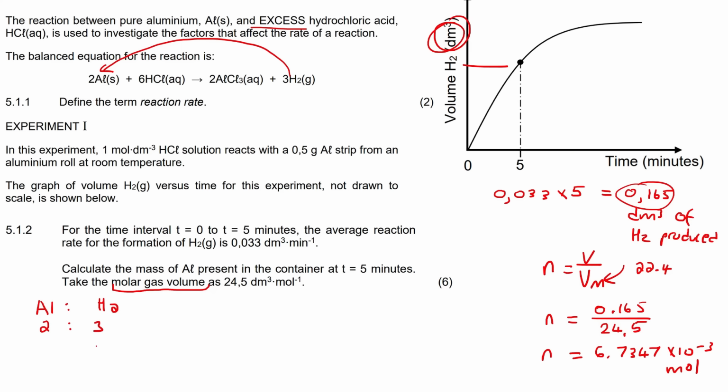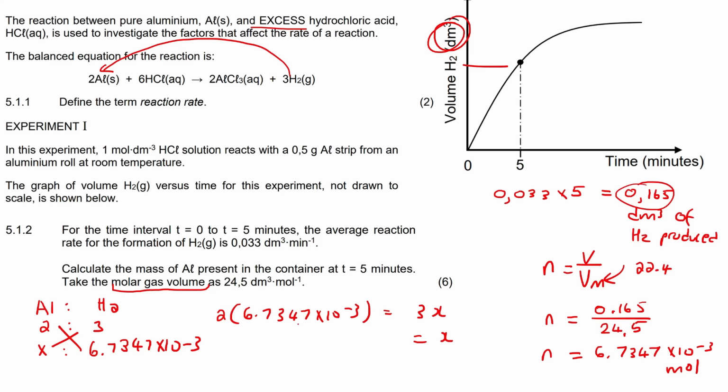So if we know that the hydrogen is 6.7347 times 10 to the minus 3, and then we can call this x. You can just do cross multiplication now, and so you're going to end up with 2 multiplied by 6.7347 times 10 to the minus 3, and then 3x. And then to get x by itself, you're just going to divide the left side by 3.